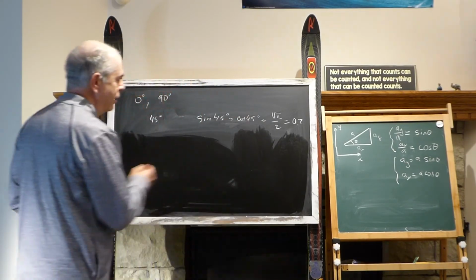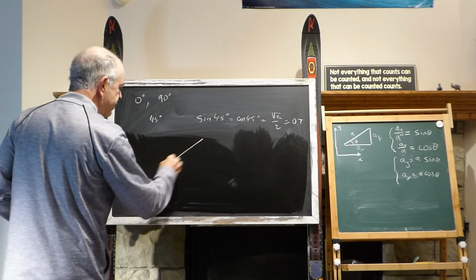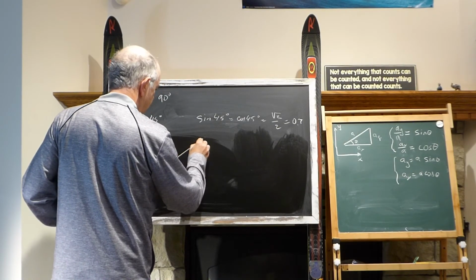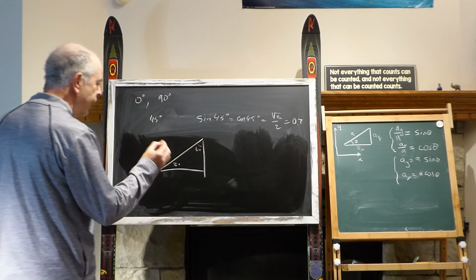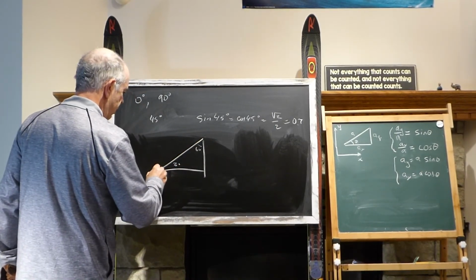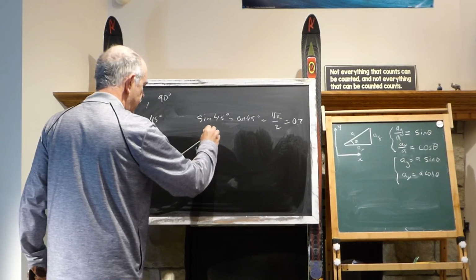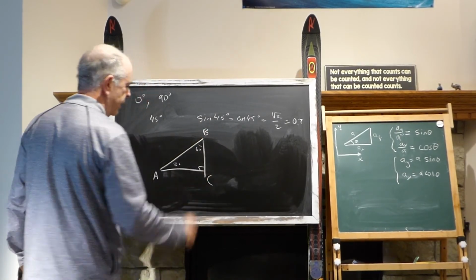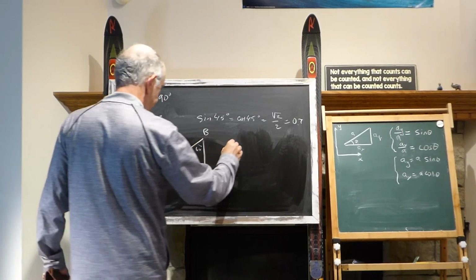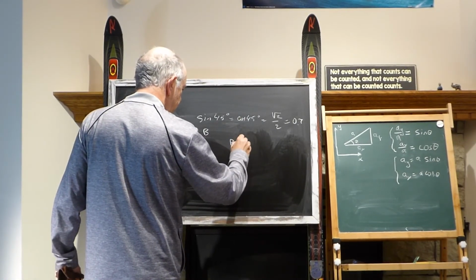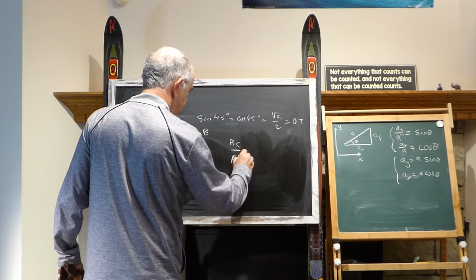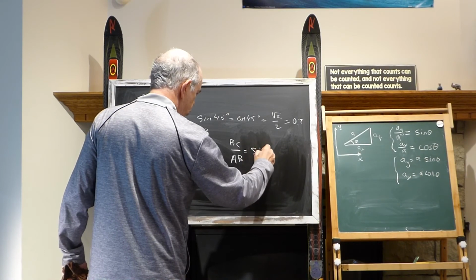And one other thing I can't resist. If I have this, and this is 30, and this is 60, and I look at this picture, let's call it A, B, C, C being a 90 degrees angle. So this is 30, this is 60. And BC, this, over AB, we just said that it was sine 30 degrees.